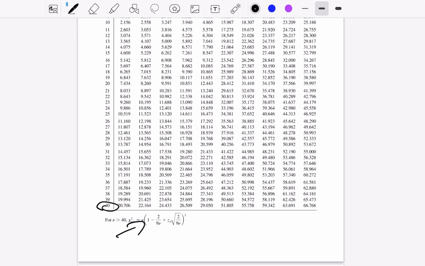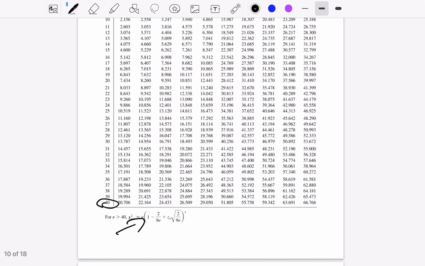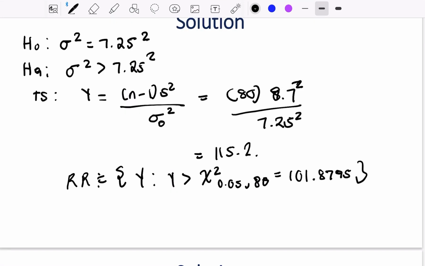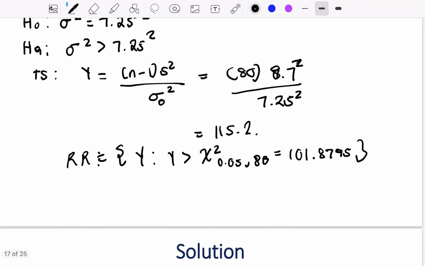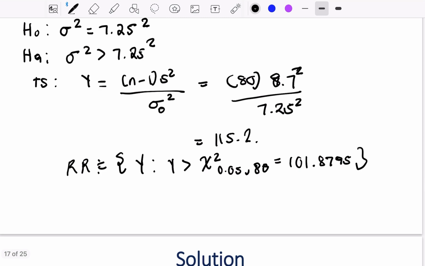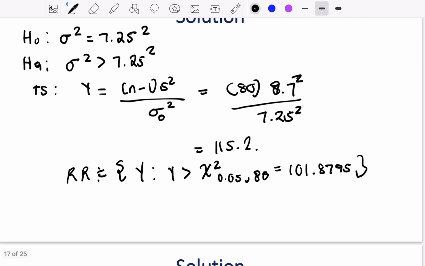So you'd use this approximation. If you put the appropriate alpha, which is 0.05, and v equal to 80 into this formula, you would get this value that I got there, right? Because that's exactly how I got it. Or you can use software, but in a test, you don't use the software, okay?